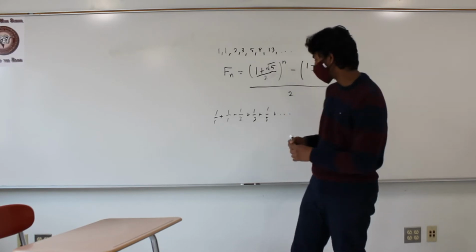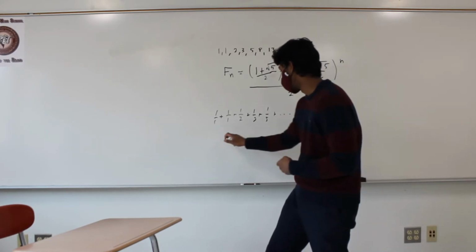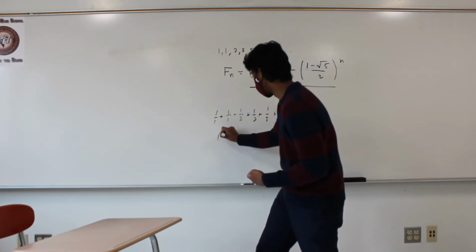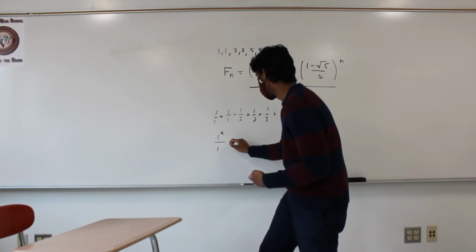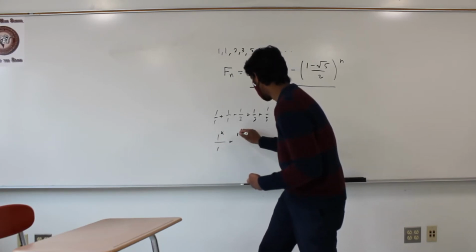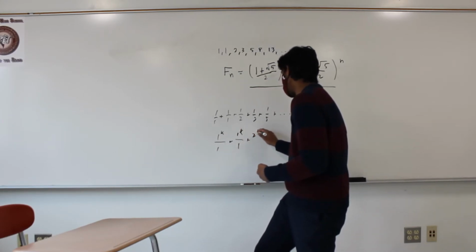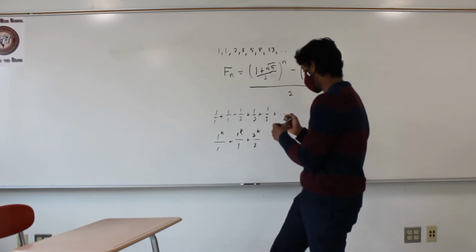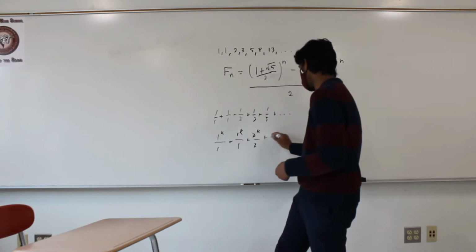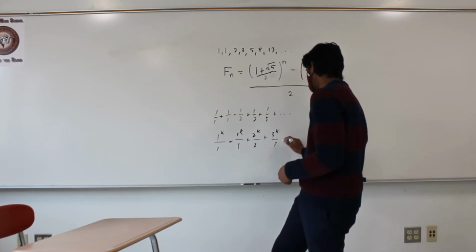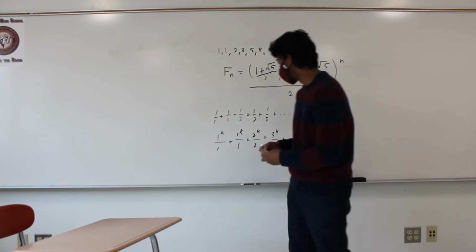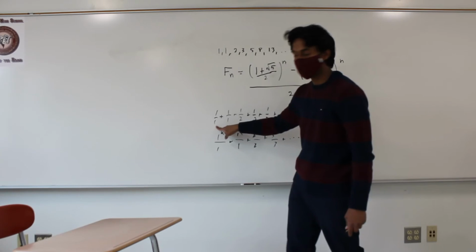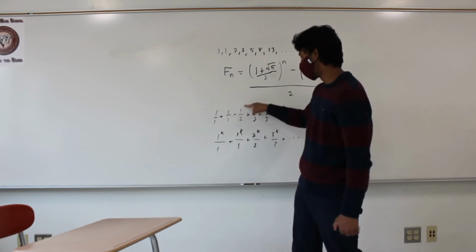We even extended this to look at the k power. So what if you had 1 to the k over the first Fibonacci number, plus 2 to the k over the second, plus 3 to the k over the third, and so on. Instead of just ones, what if you had 1 over the first Fibonacci number plus 2 over the second plus 3 over the third?